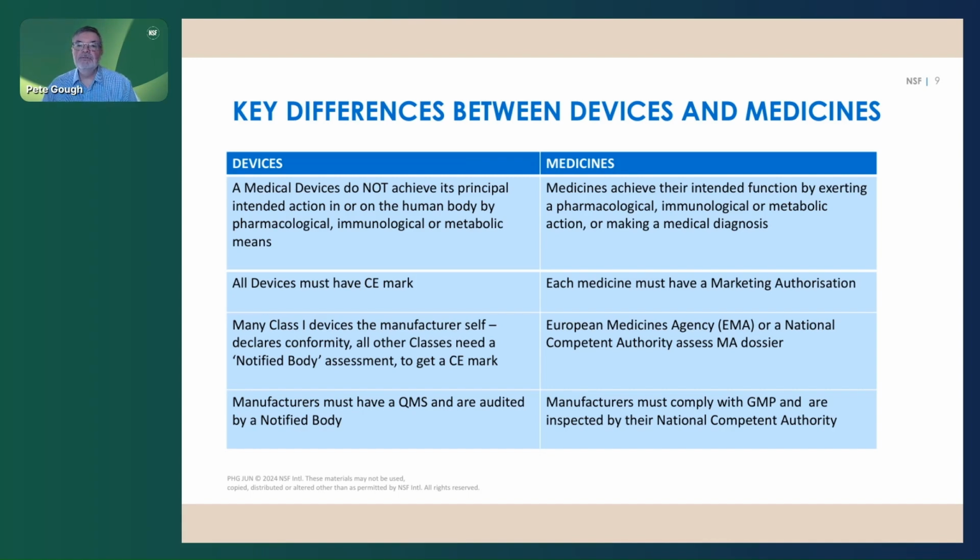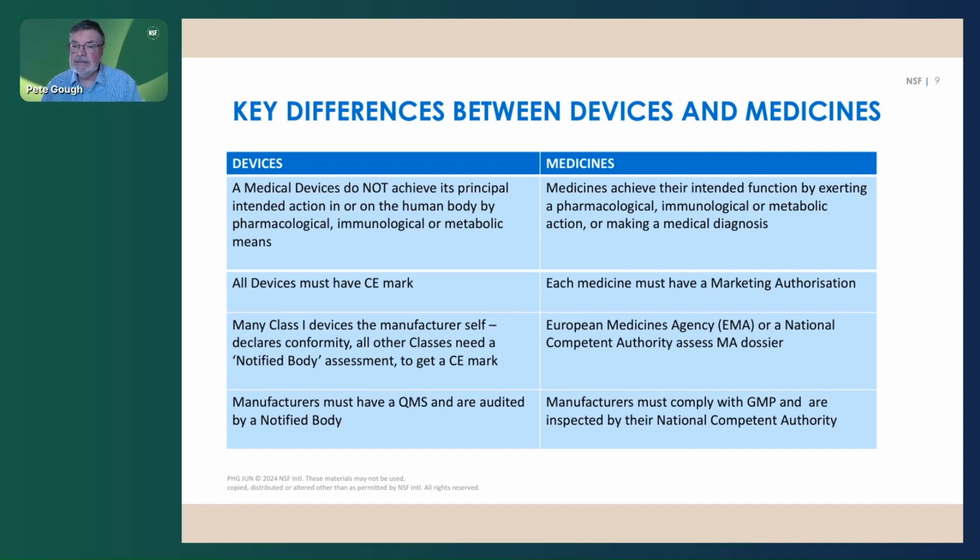Medical devices do not achieve their principal intended action in or on the human body by pharmacological, immunological, or metabolic means, whereas medicines do. All devices have to have a CE mark, whereas each medicine must have a marketing authorization. For many Class 1 devices, the manufacturer self-declares conformity with the regulation. All other classes need a notified body assessment to get the CE mark.